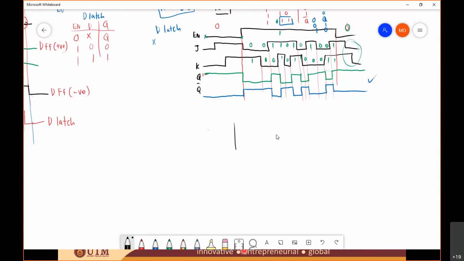Okay, so you have this one, JK, and then you have this one, and this Q and Q bar. Let's this one connect to J, and this connect to K, and this one connect to your clock source. And this is your Q, and this is your Q bar. Okay, so this is your clock source, the timing diagram of your clock source.